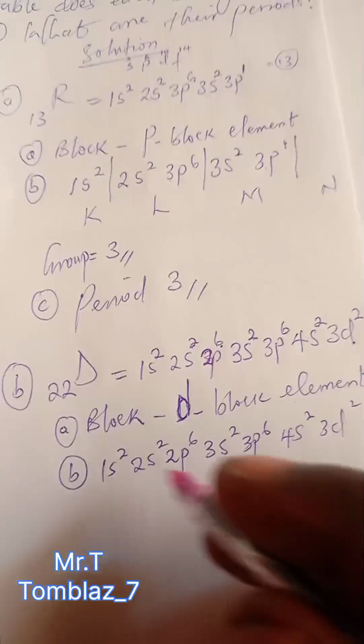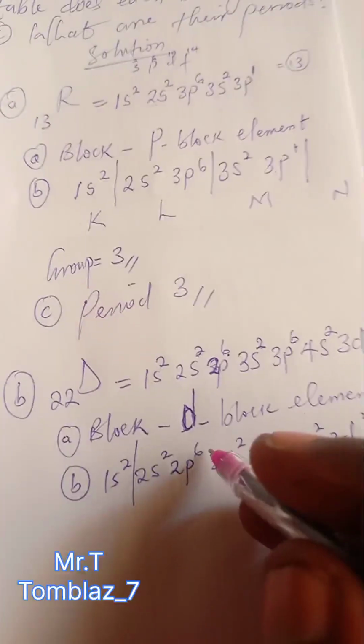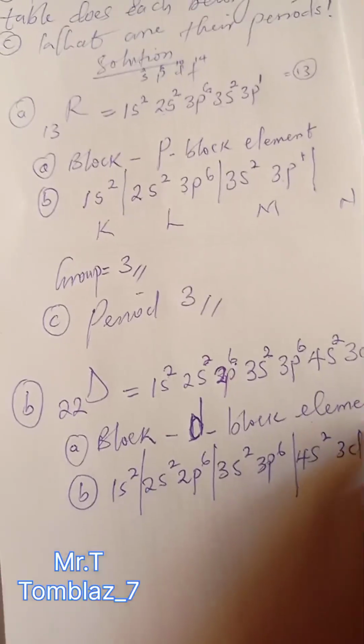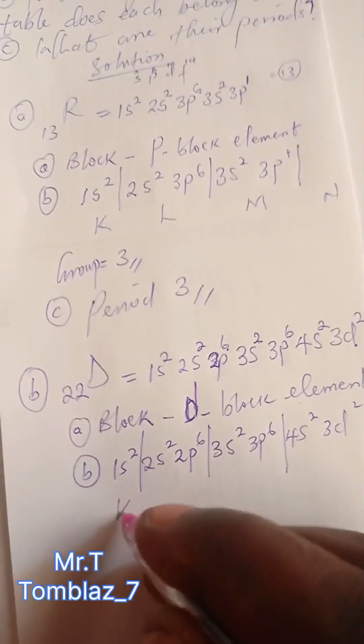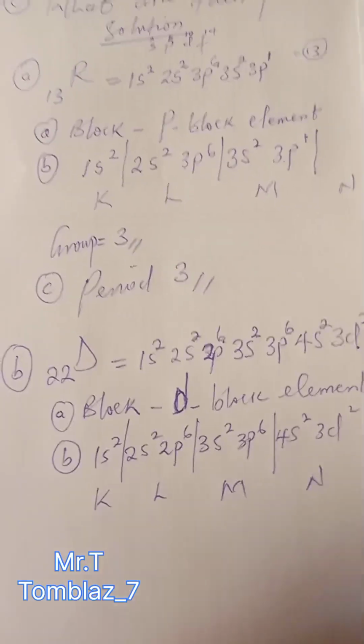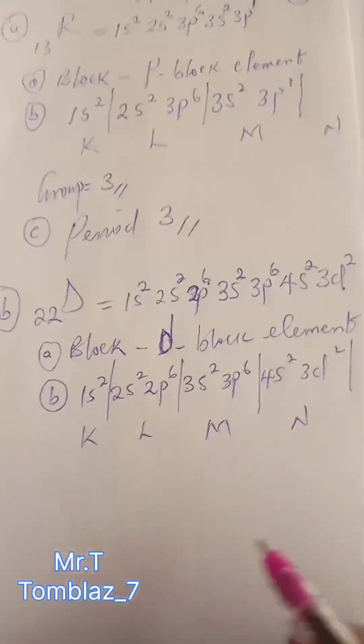So if we take this one for the first shell, second, third, and the last, right? So this is the K, L, M, N shell. So for the last shell, that's where we check for our group.